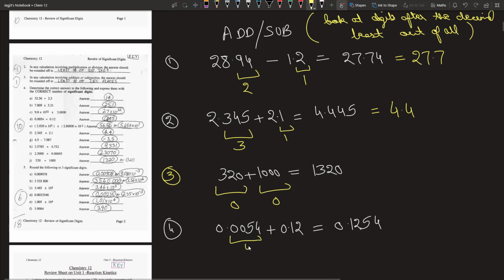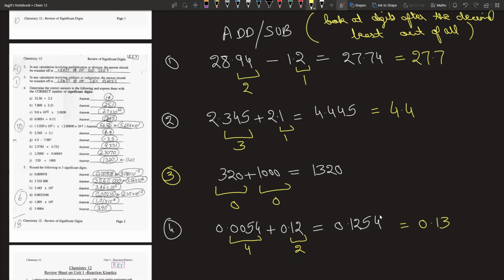This one had 4 numbers after the decimal. This one had 2. So my answer should only have the least out of those 2. Okay? So my answer should only have 2 numbers after the decimal. What do you think that will be? 0.13. Exactly. You'll just round it up and you'll say it's 0.13. Okay? So far so good? Perfect. So that's how you're going to tackle your plus and minus questions.